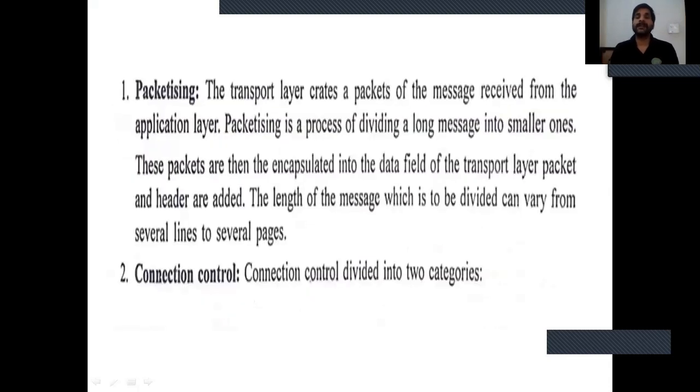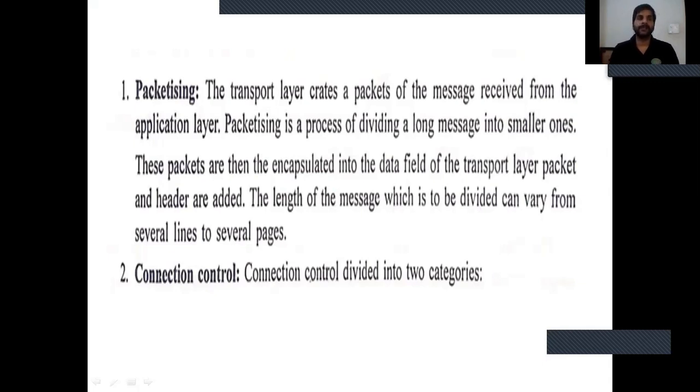It means the transport layer creates packets from the message received from the application layer. Packetizing is the process of dividing a long message into smaller ones. These packets are then encapsulated into the data field of the transport layer packet and headers are added. The length of the message to be divided can vary from several lines to several pages.